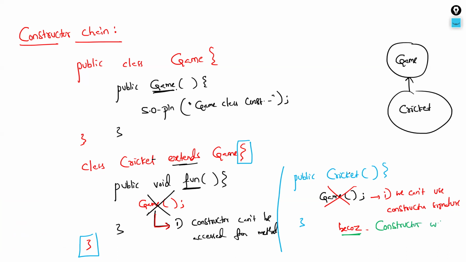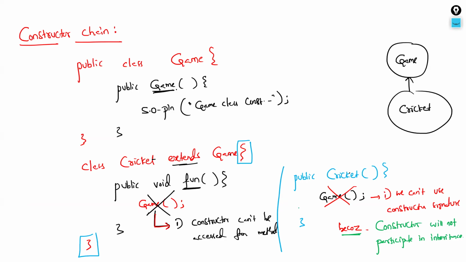Constructors cannot be inherited. Only variables and methods will be. Parent class methods and variables are the only things inherited by the child class. Constructors will not be inherited.